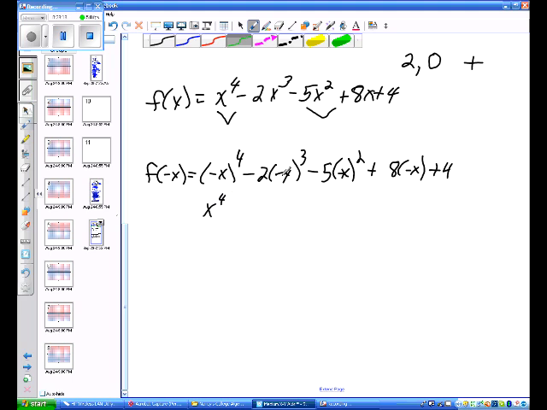This would be negative x cubed times negative 2, so positive 2x cubed. This would be x squared times negative 5 is negative 5x squared. 8 times negative x is negative 8x plus 4. So here we have a positive, positive, negative, so we have a sign change, negative, positive. So that means we have 2 or 0 negative real roots.